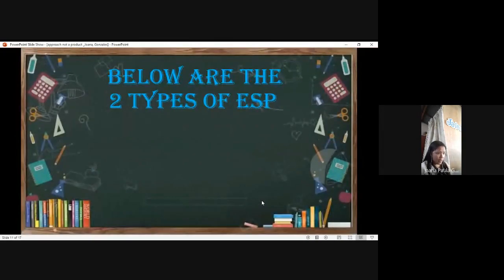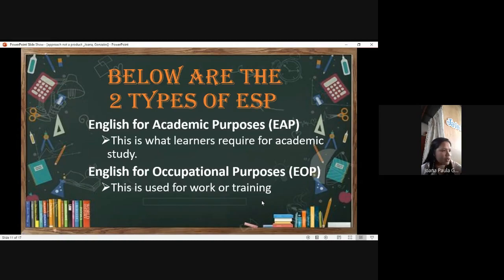Here below are the types of ESP. First, English for academic purposes. This is what learners require for academic study. EAP refers to the language and associated practices that people need in order to undertake study or work in English-medium higher education.